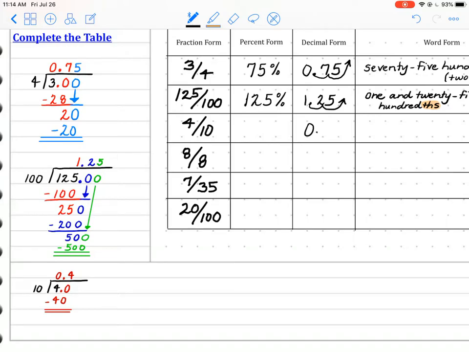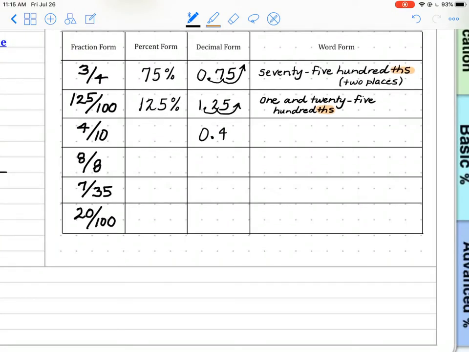That's going to sit right here. And to write this one, you would say 4. It's 1 place, so that's tenths. Hundredths is 2 places. So tenths is just 1 decimal place.